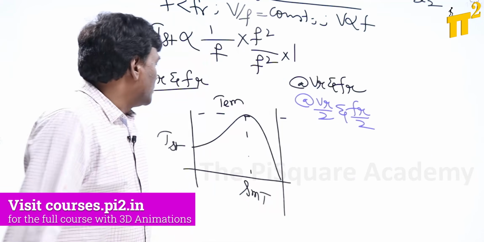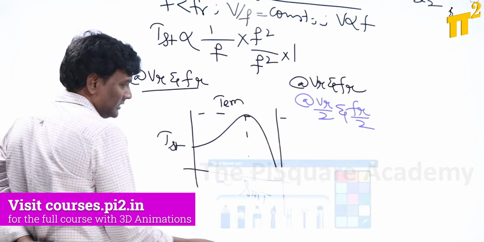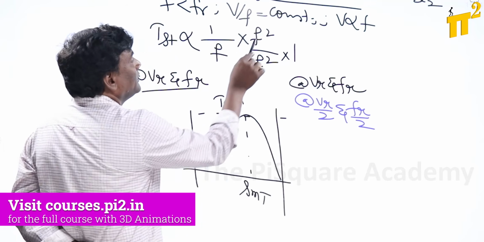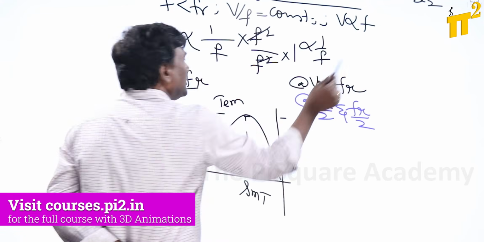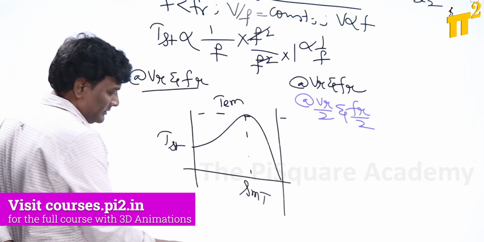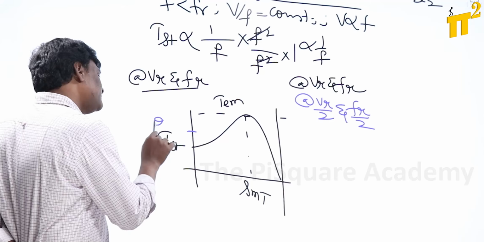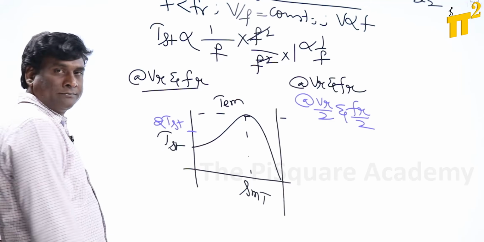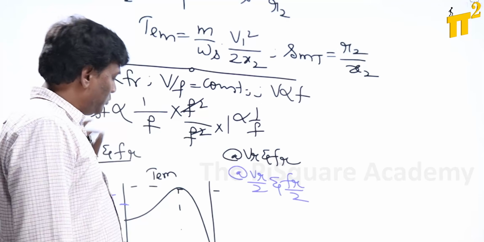Now see here, the moment starting torque, see here, is proportional to frequency square and inversely proportional to frequency. So if frequency is half, my starting torque is going to be doubled, 2 times T_st. Now let us think of pull out torque.